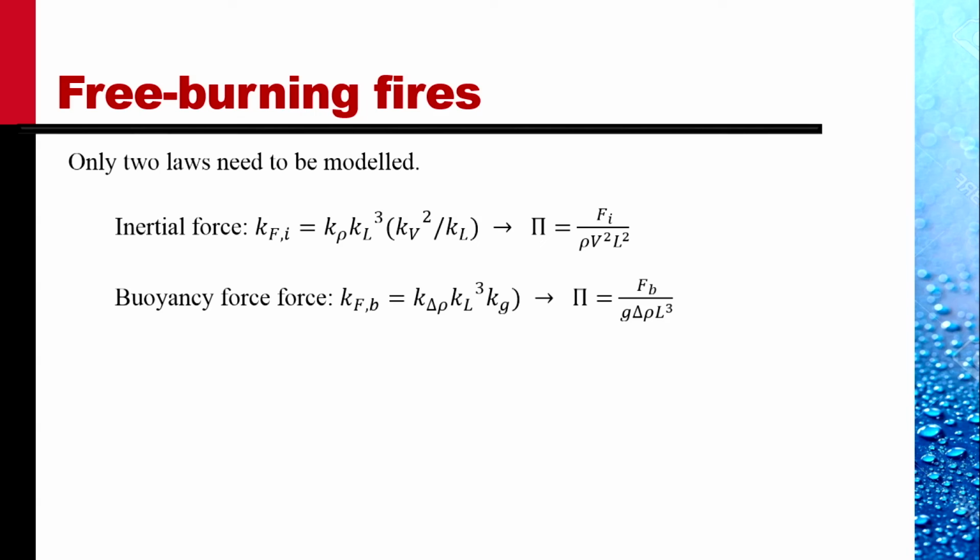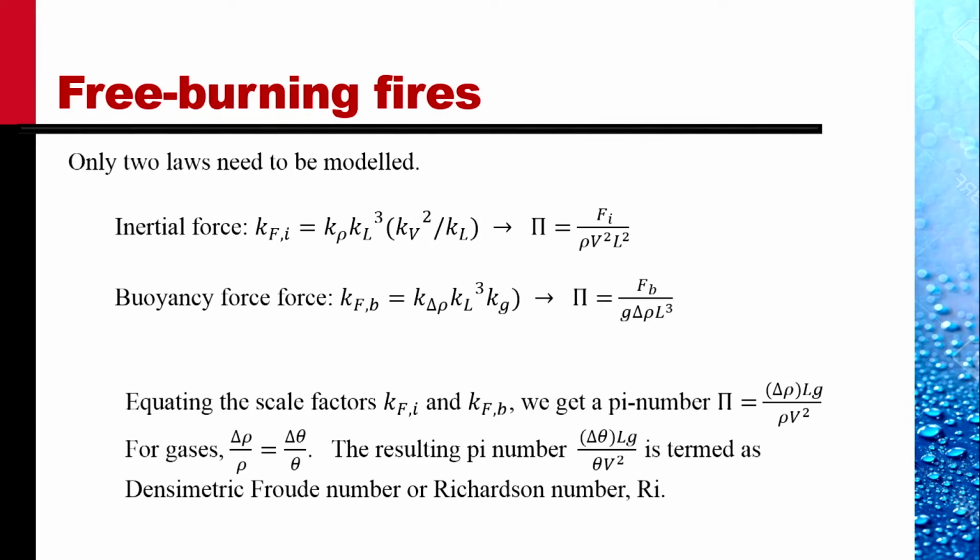For the forces, inertial force, which gives you the standard form of K F_I, and the buoyancy force, K Δρ, change in density times the volume times g, gives you two pi numbers. And from this, if we equate the scale factors K F_I and K F_B, we get this pi number.